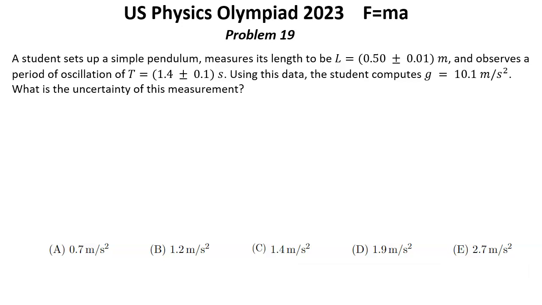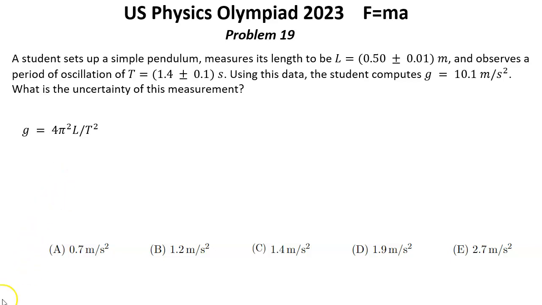Solution for problem number 19. From the formula for a mathematical pendulum, we have g equal this expression, and we can use the standard rules for propagation of relative uncertainties. The relative uncertainty of a product or ratio of two quantities adds in quadrature, and the relative uncertainty of a squared quantity is doubled.